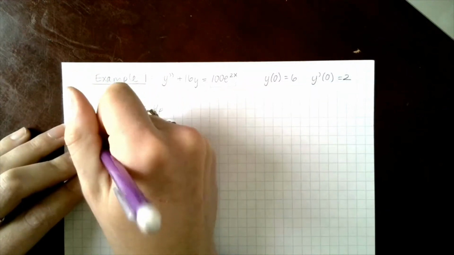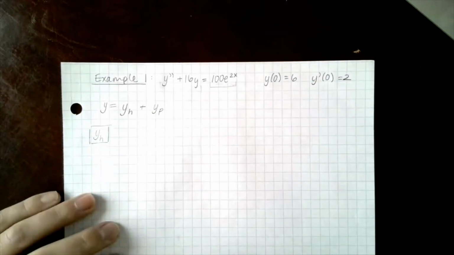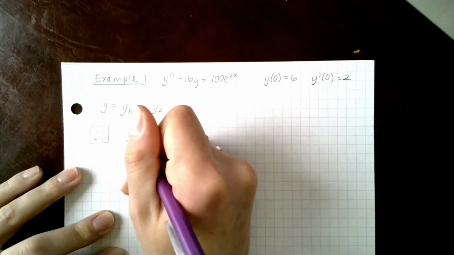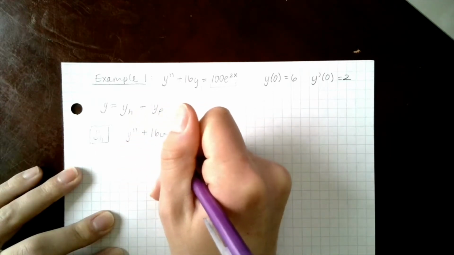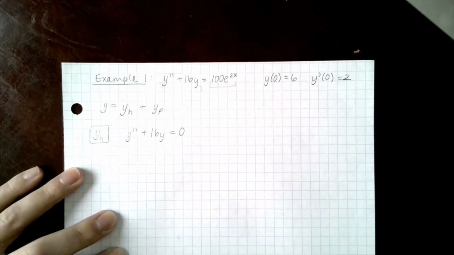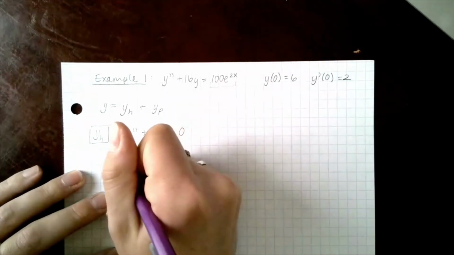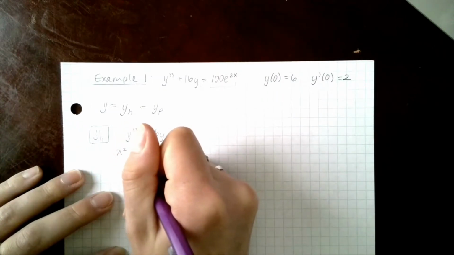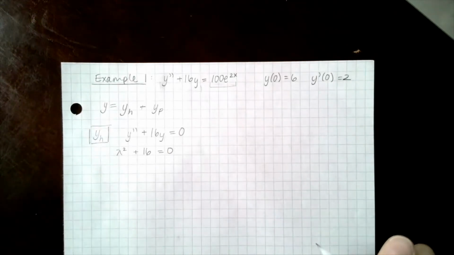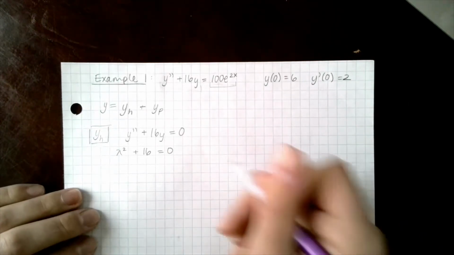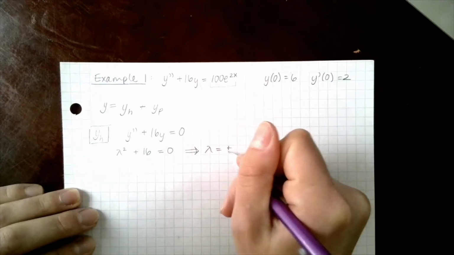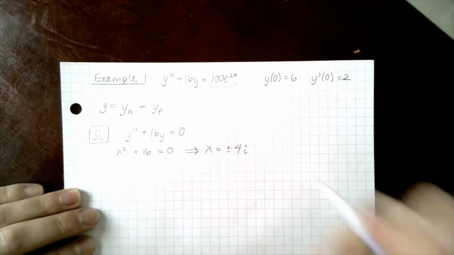Okay, so when we're solving for y sub h, we are actually solving the equation y double prime plus 16y equals 0. We can transform that to its characteristic equation, which is lambda squared plus 16 equals 0. This is a pretty straightforward quadratic to solve, and we find that lambda is equal to plus or minus 4i.